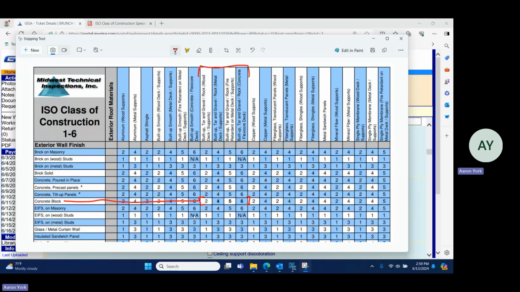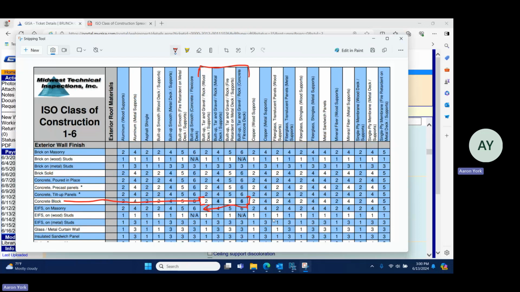One thing to be aware of, if you cannot confirm the roof deck supports, you are downgrading this building to the lowest possible ISO rating for that roof type. So in this case, because we were unable to determine if it's Flexicor, steel, whatever it is, we act as if that building has a wood roof deck.